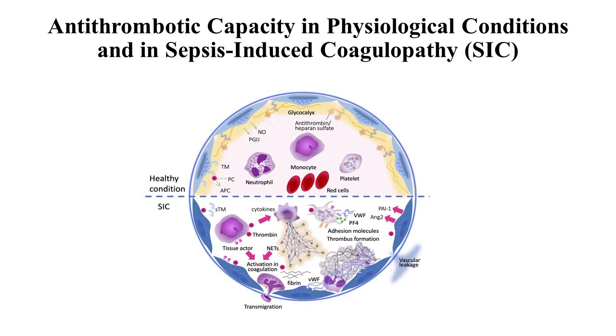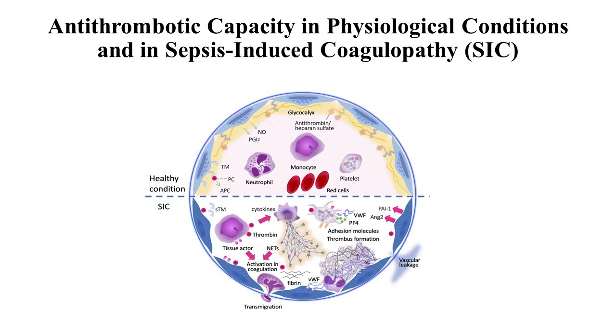Additionally, fibrinolysis is suppressed. Plasminogen activator inhibitor 1, PAI-1, levels increase, reducing the breakdown of fibrin clots. Angiopoietin 2, ANG2, contributes to endothelial destabilization and vascular leakage. The combined effect is microvascular thrombosis, increased vascular permeability, and impaired tissue perfusion.